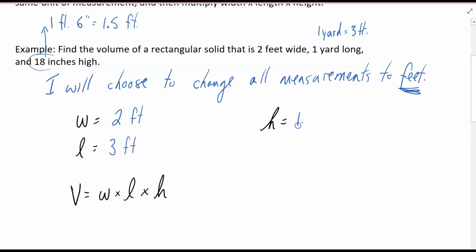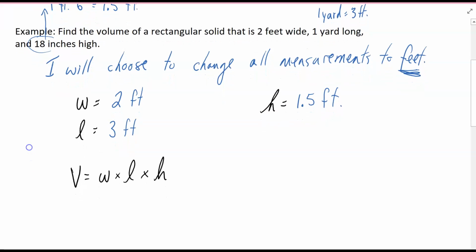So height is 1.5 feet. Now they are all in feet. And so we will multiply the volume of this rectangular solid, which is 2 feet times 3 feet times 1.5 feet.